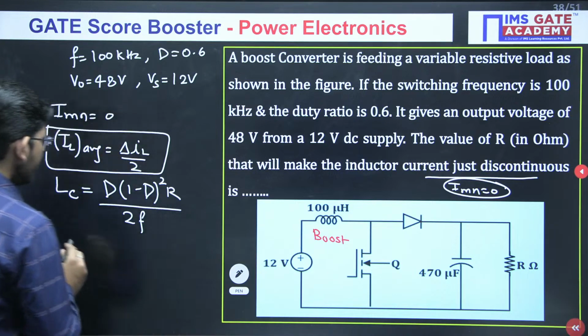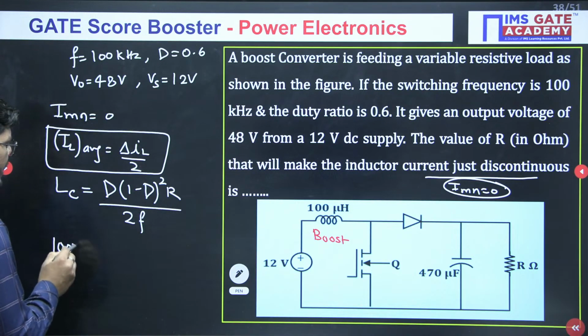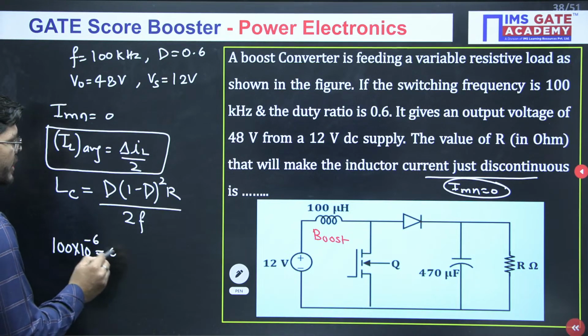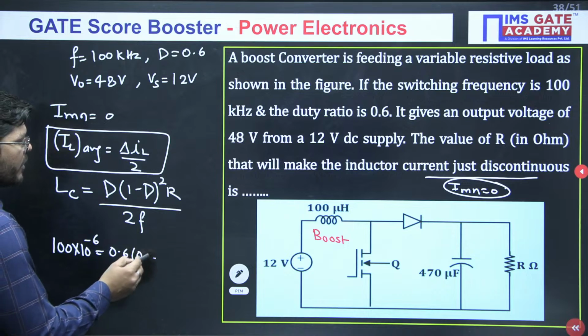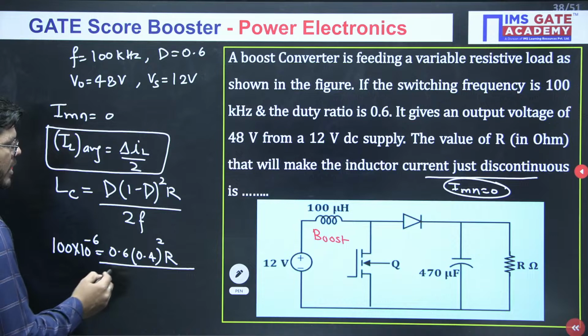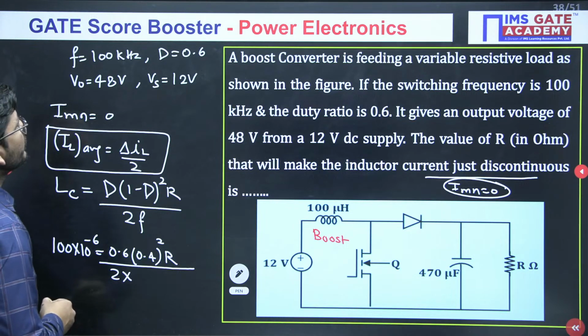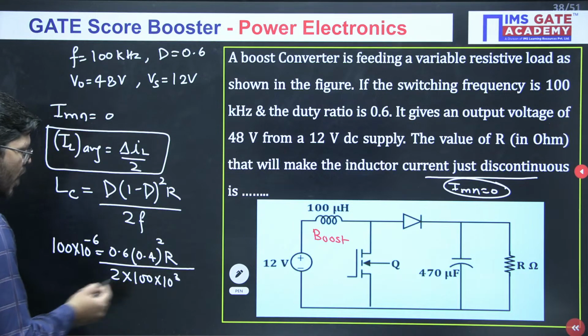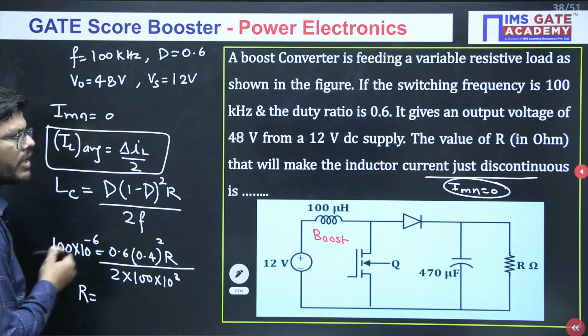Just see, everything is given. For LC, we use the given value, 100 microhenry. The value of D is 0.6, so 1 minus D will be 0.4. The value of R we need to calculate: 0.4 square, into 2 into F, 100 kilohertz. So R is the only unknown here.